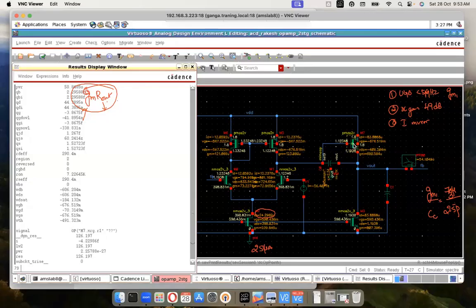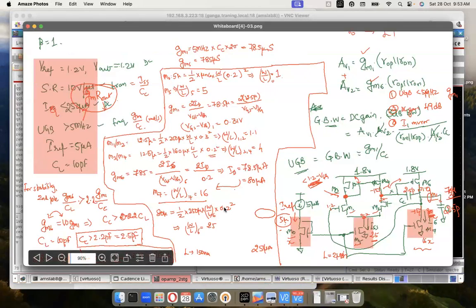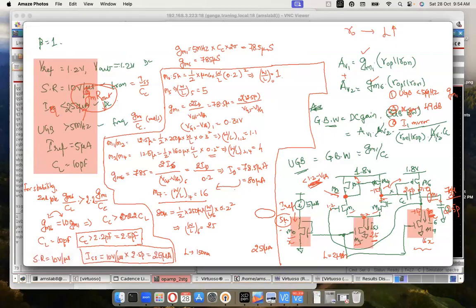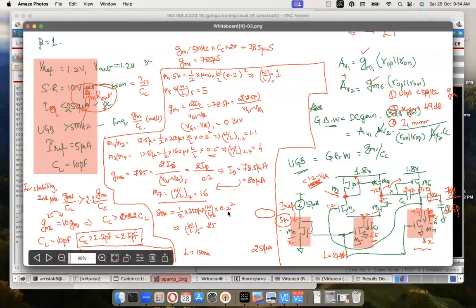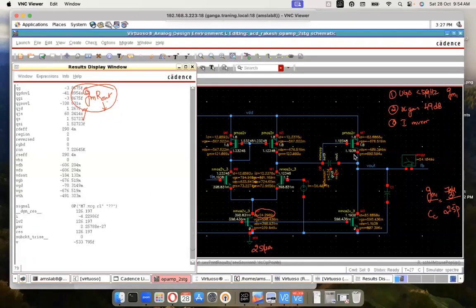It's 170 here, and in calculation, we used 0.2. If it is 0.17 in place of 0.2, what happens to W by L? It has to ideally increase. What we calculated for 0.2 is 25. With 0.17, it may become around 32, 33, around that.